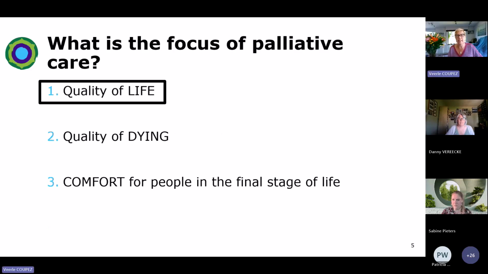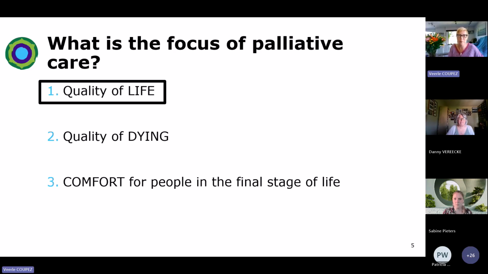That being said, let's try the chat to have some interaction. What do you think is the focus of palliative care? Is it 1, quality of life, 2, quality of dying, or 3, comfort for people in the final stage of life? Don't hesitate to answer.